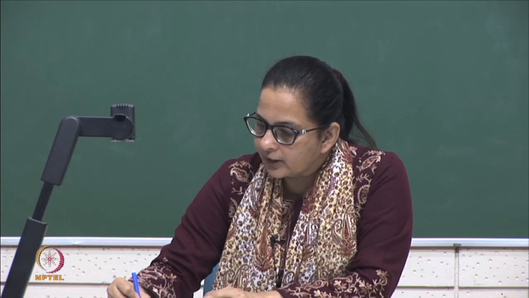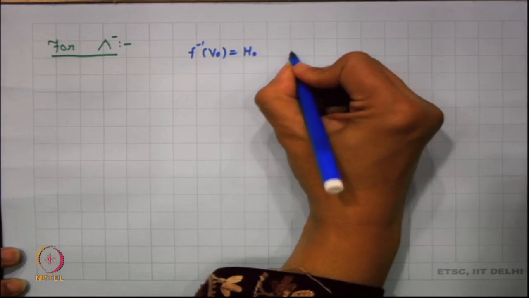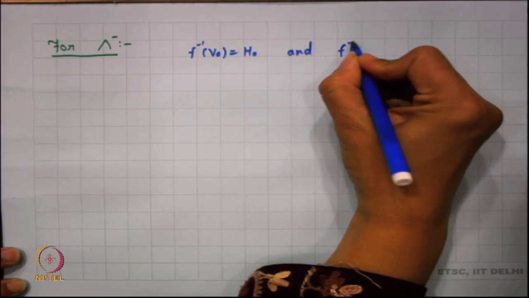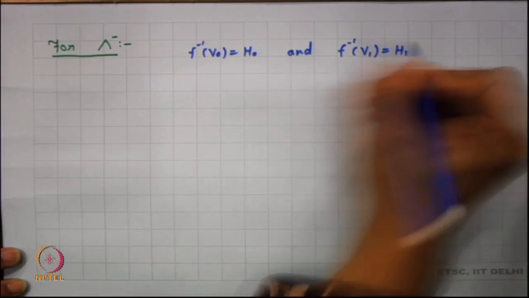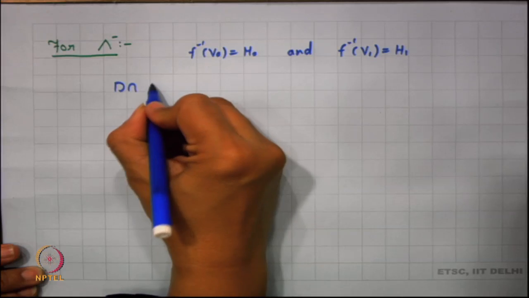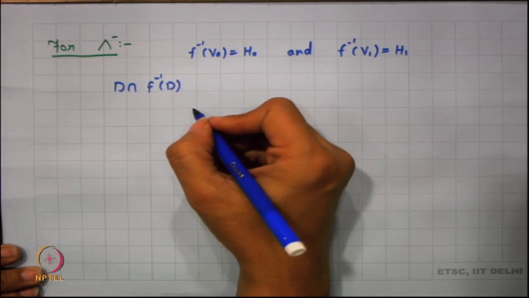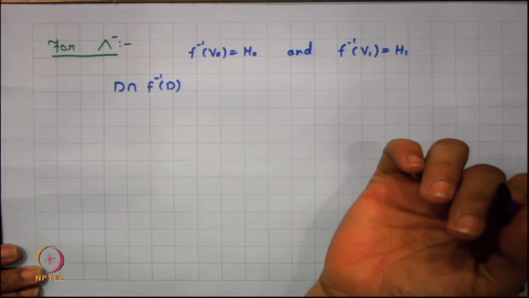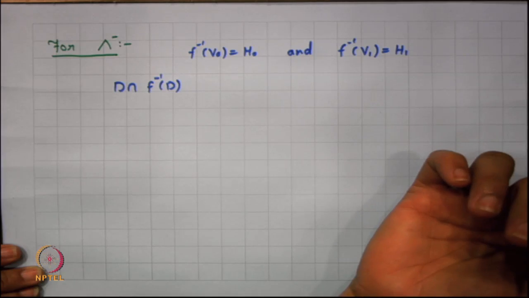So, F inverse of V naught is H naught and F inverse of V 1 is H 1. And D intersection F inverse D is again just H naught union H 1.